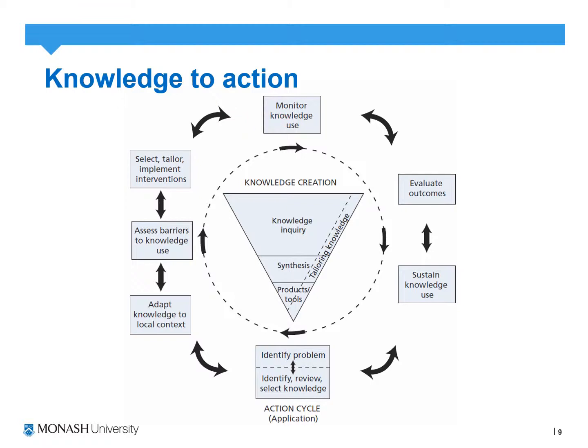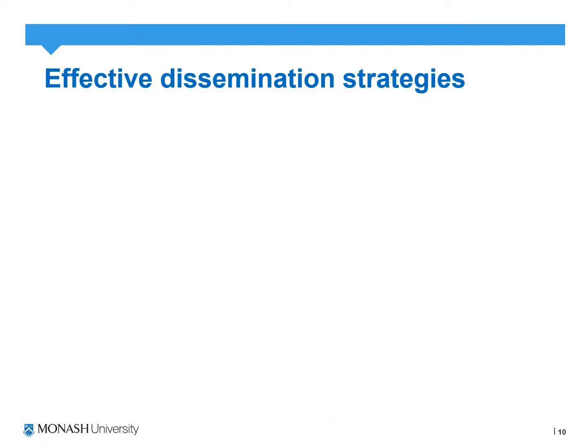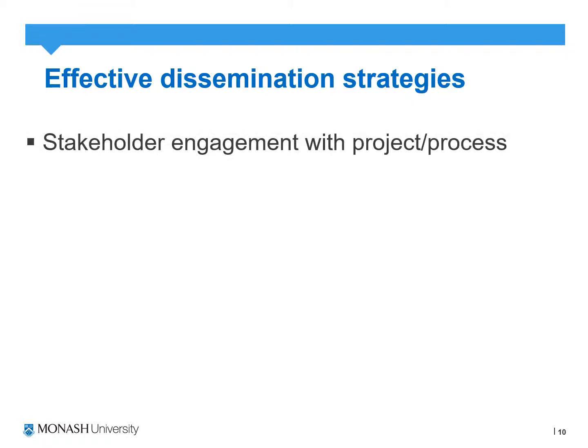From that, we can monitor its usage and hopefully evaluate the outcome. By doing that type of process, hopefully we can identify different strategies that we can use in order to disseminate our project or our process to our stakeholders.